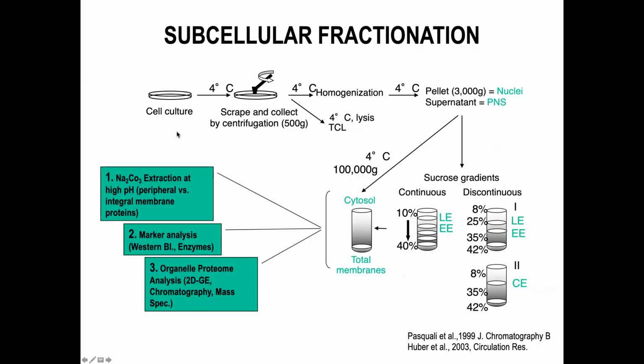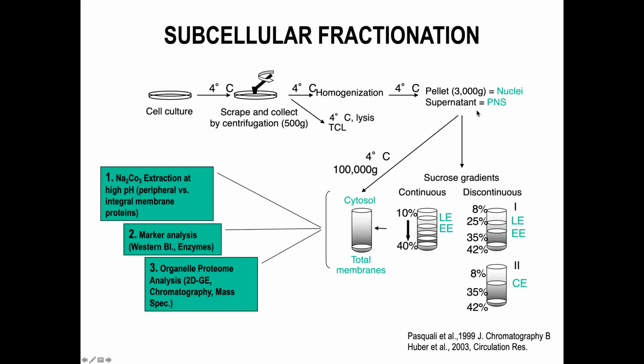And such a procedure that you can then fine-tune biochemically and learn more and more with the simple technologies just by putting them after each other is shown here. Where you start with a cell culture, the collection of the cells, the homogenization, the total cell lysate as you have as a first fraction, the post-nuclear supernatant with the nuclei and the post-nuclear supernatant here.